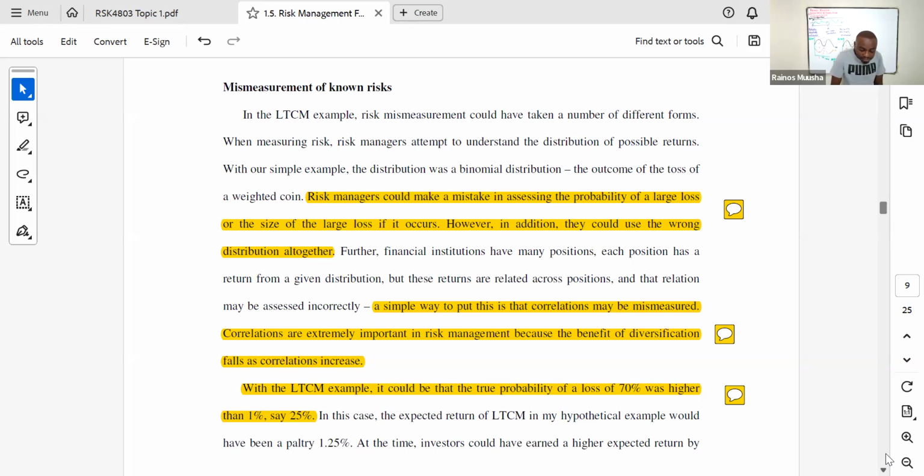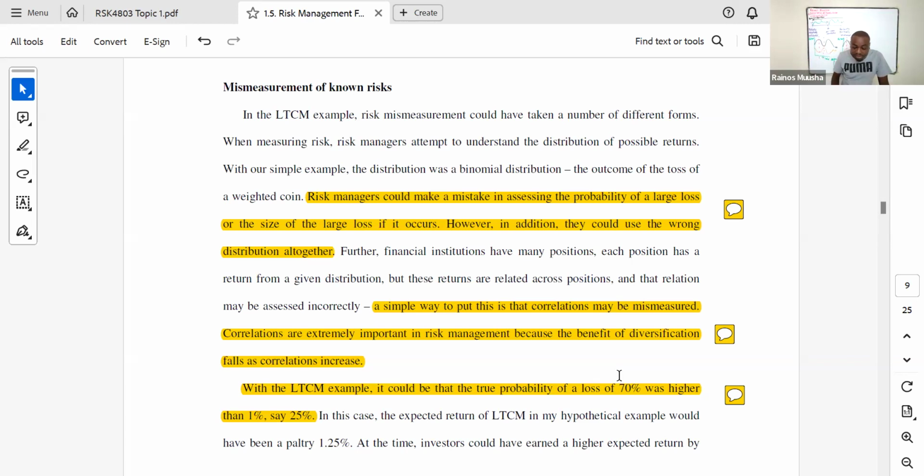Remember we said that when they were using the value at risk, they were expecting that over a 100-year period, it was only in 1 year of the 100 years that they were going to suffer a loss of, whatever, more than 20%, isn't it?